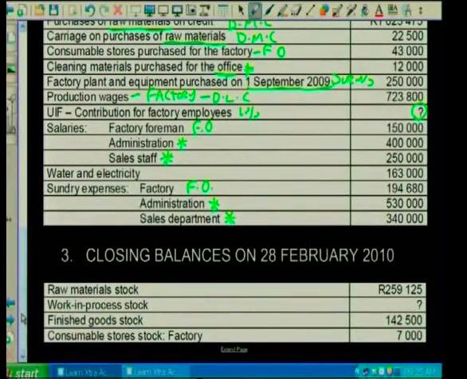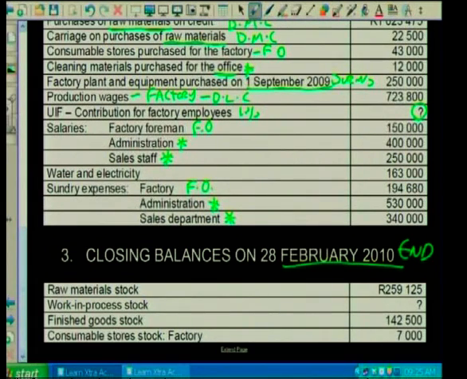Right, next bit of information, our closing balances on the 28th of Feb 2010. 28th of Feb, guys, 2010 refers to the end of my financial year. So I've got raw material stock. In other words, these are items that were not used at the end of the year.